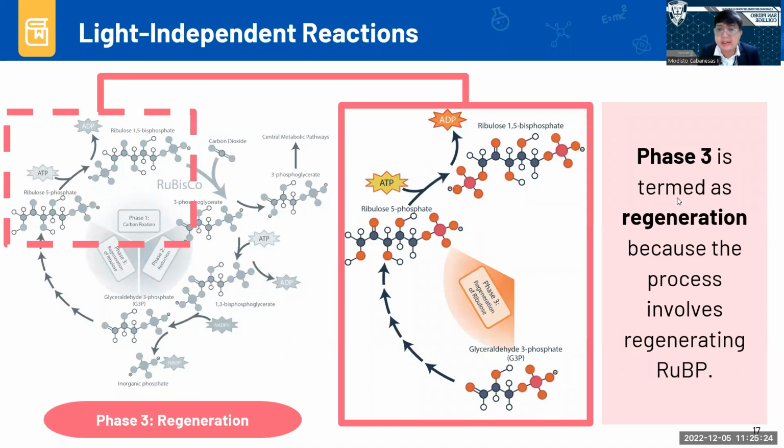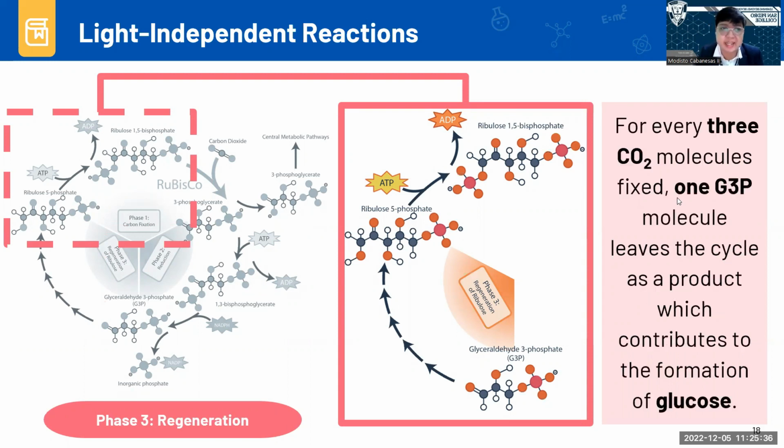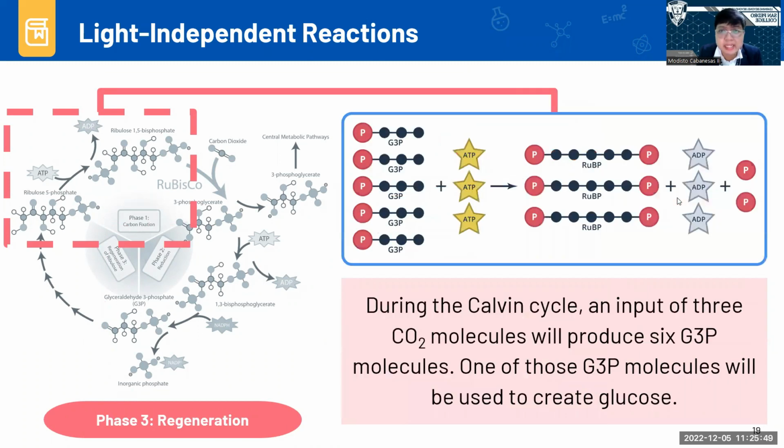Then phase 3 is the regeneration. Babalik lang tayo sa ribulose 1,5-bisphosphate na molecule para mag-start ulit sa Calvin cycle. Okay? So that's all about the light-independent reaction.